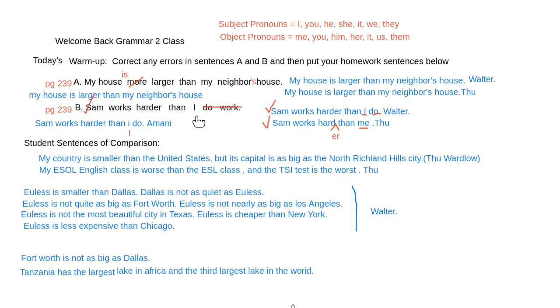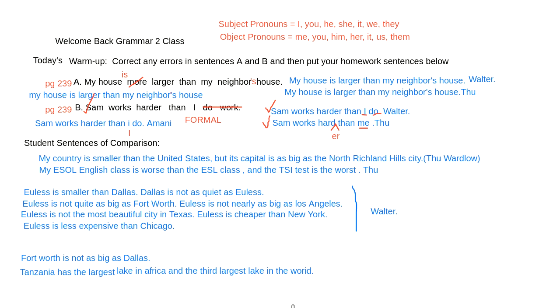That's what I just did right here. The subject pronoun I comes after than. I want you to underline that. In formal English. So I'm going to type right here, formal. This is the formal way to do it.